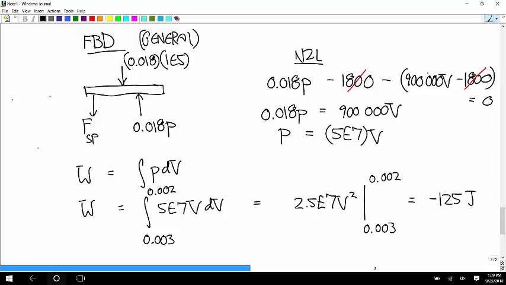Well, what it says in the problem is the spring force varies linearly from 900 newtons to 0. The only reason that we really care about that spring force is because we needed to calculate pressure as a function of volume for the gas. We started out with it being a linear function to get the spring force, and then we used that.